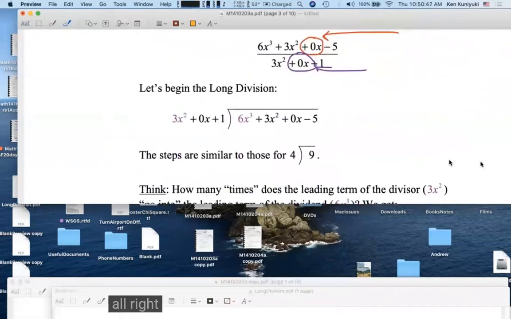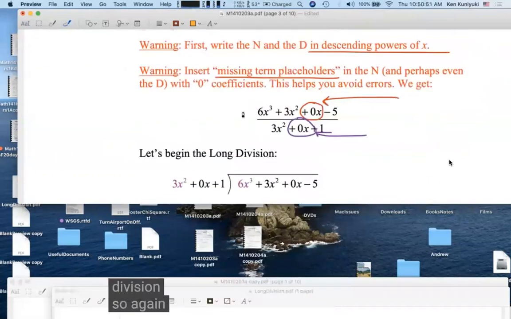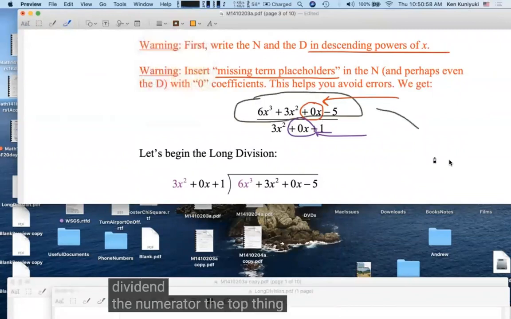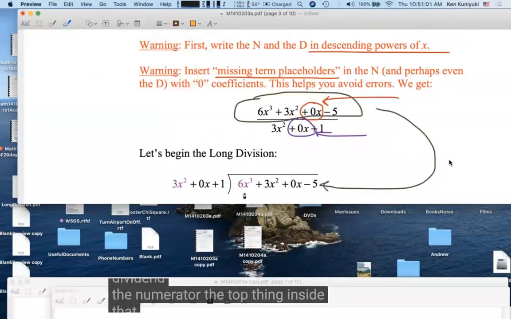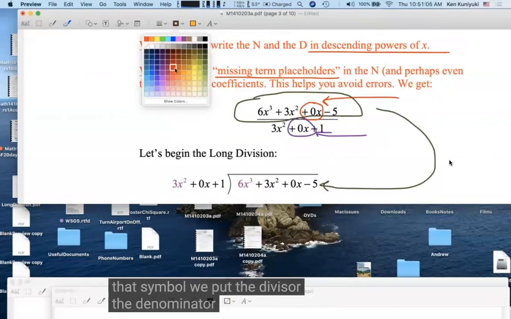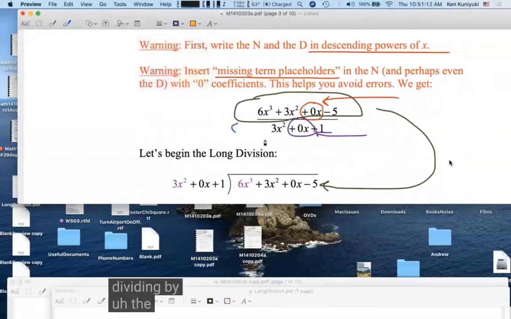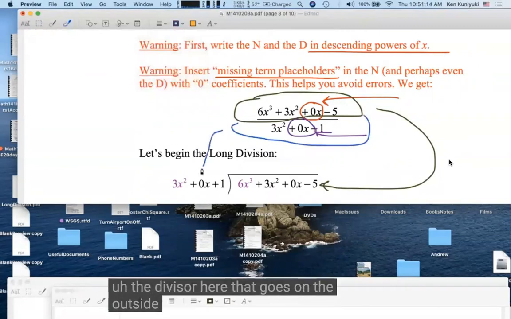All right, so let's begin the long division. So again, we put the dividend, the numerator, the top thing, inside that symbol. We put the divisor, the denominator, the thing you're dividing by, on the outside.